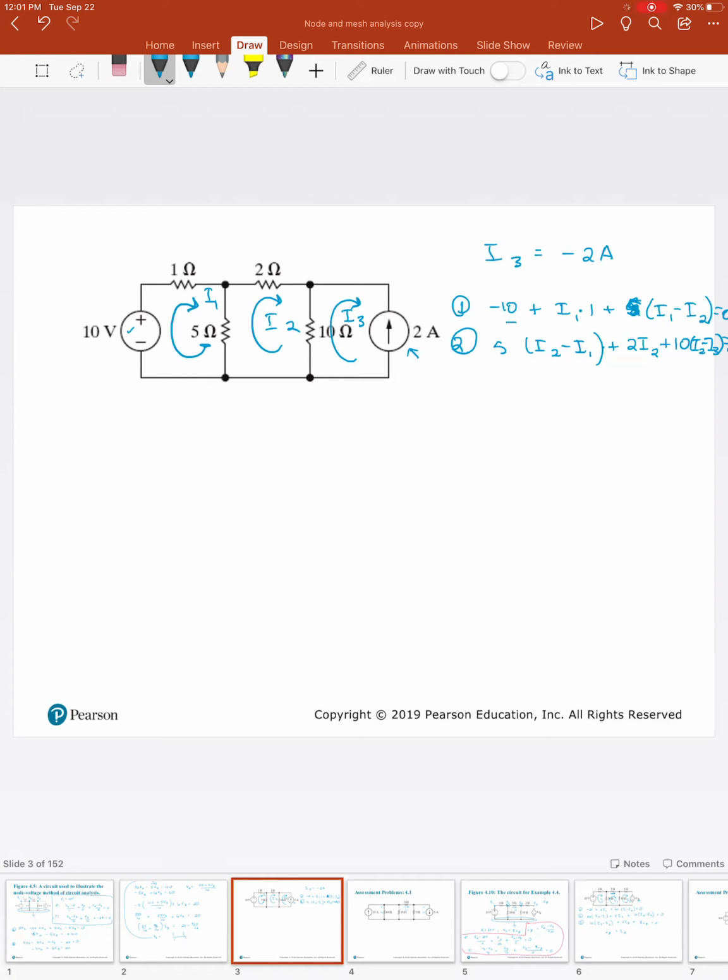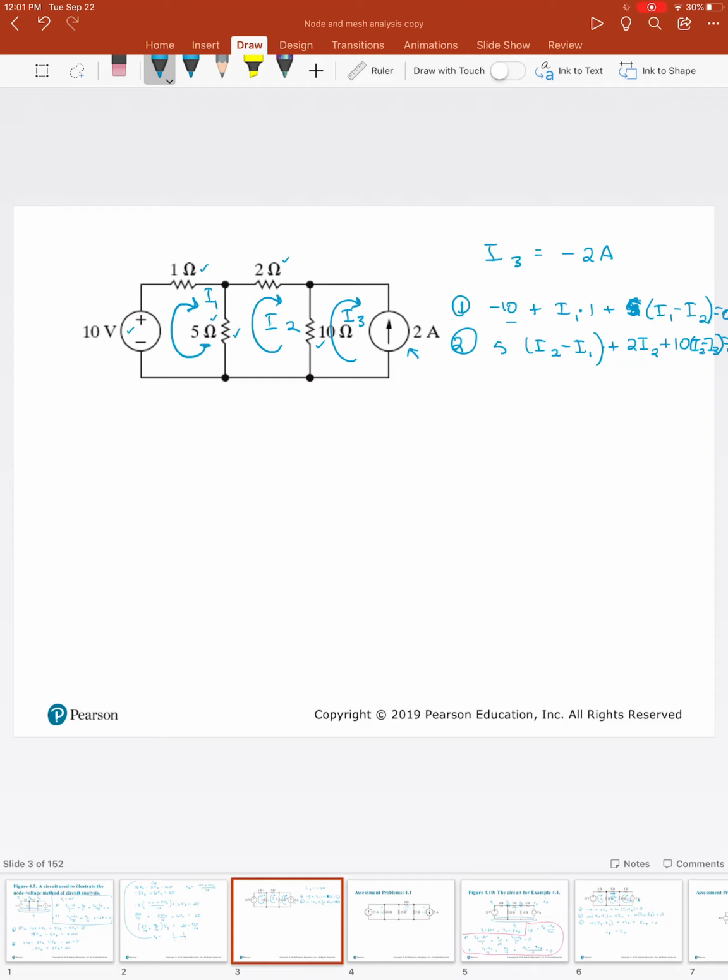Minus 10, that's this voltage rise. 1 times I1, that's this voltage drop. 5 times I1 minus I2, that's this voltage drop. Coming down to the second mesh, 5 times I2 minus I1, 2I2, 10 times I2 minus I3. So let's rearrange those a little bit.